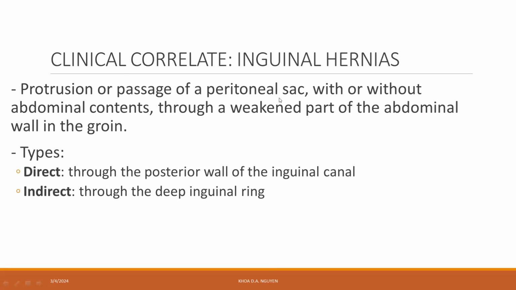Structure will force its way, okay, into the inguinal canal, and finally passes through the superficial inguinal ring into the scrotum. All right, and just like we said before, inguinal hernias happen in both sexes, not just males, but because in the males there are more structure and bigger structures that passes through the inguinal canal, inguinal hernias tend to happen much more in males than in females.